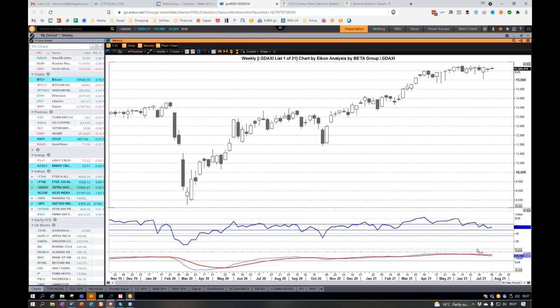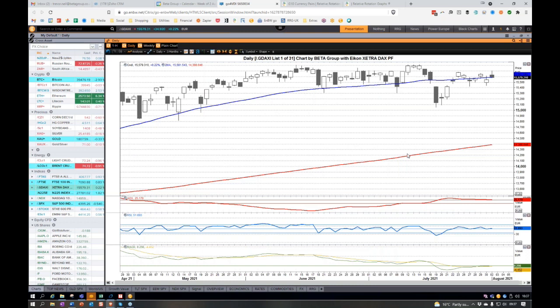The MACD is negative on the German 30, so the ADX reading is of a downtrend, and it's at 25. So we've got a pretty strong weak trend in this market, not a strong trend, but a weak trend. And so it's consolidating and it's rather weak. It needs to break 16,000 obviously to clear that high, but it looks like it will do well just to move sideways around here.